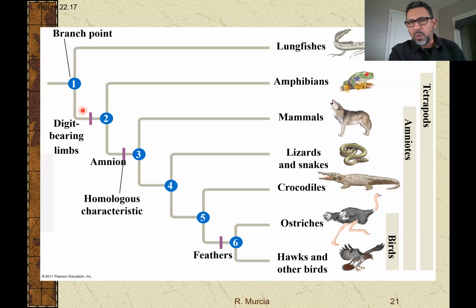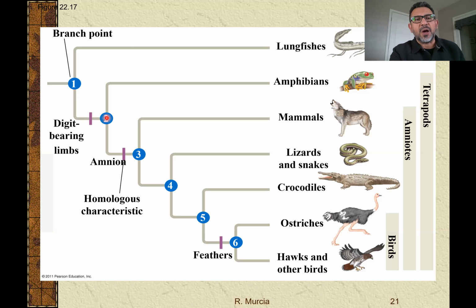So what you read in this tree is that it is hypothesized that from this common ancestor, some descendants were able to acquire this characteristic. It would have had to be the result of a mutation or group of mutations.